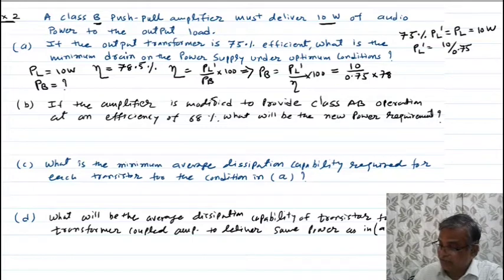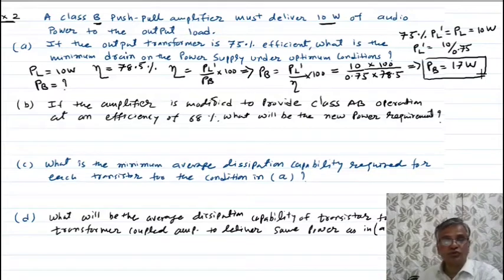Eta is 78.5%, converted to a fraction. The required power is 16 point something, so I can write 17 watt. You should have a power supply capable of supplying 17 watt power.